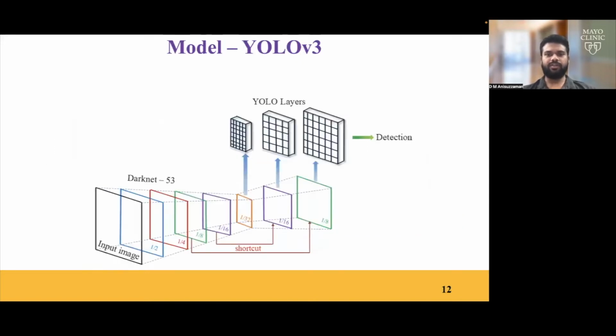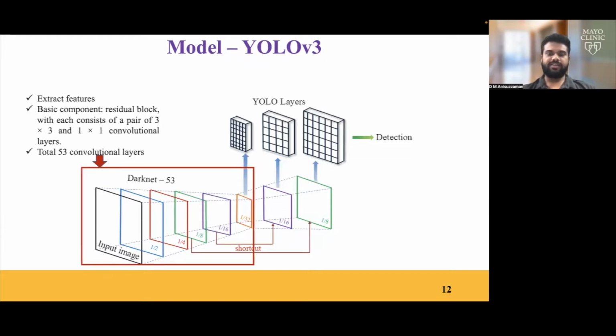We used two models. One is YOLO V3 and another is SSD. I will not go very deep into these models, because most of my audience here is from the medical side. For the feature extraction, the YOLO model used the Darknet 53 layer.